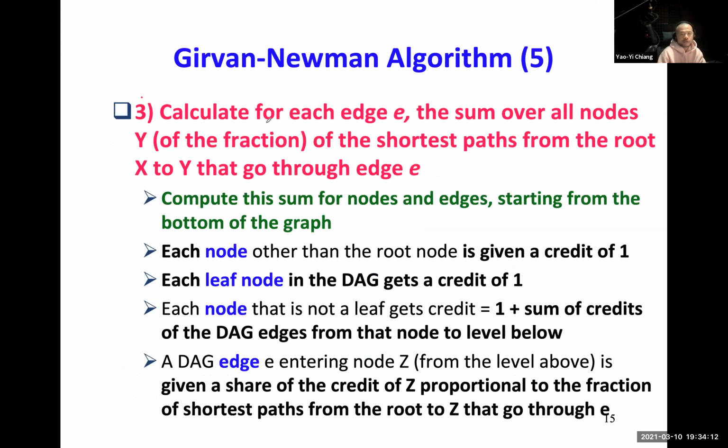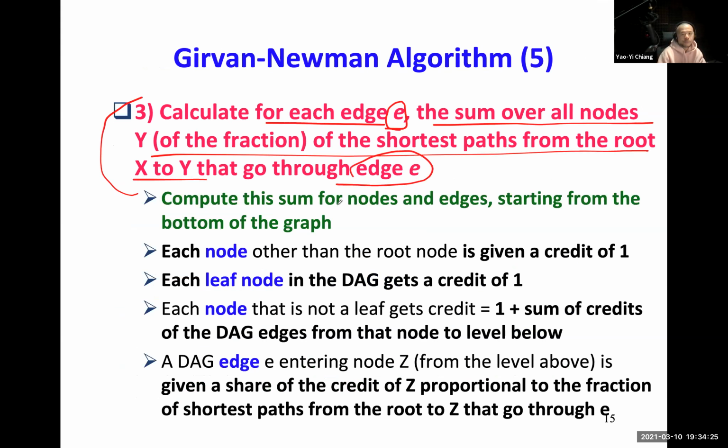Formally, to calculate for an edge E, it will be the sum over all nodes Y of the shortest paths from the root X to Y that have to go through E. Compute the sum of nodes and edges starting from the bottom of the graph, like what we did for all these ones, and going up.